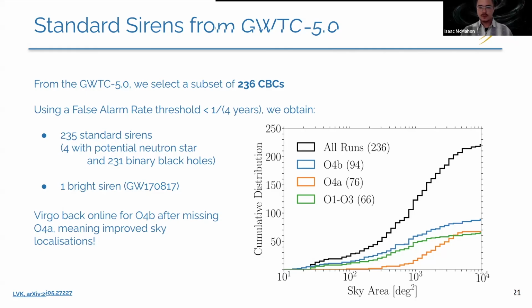And so this is denoted by the blue line on this plot. The orange line is the previous first part of the fourth observing run, O4a, and the sky areas of these events were much larger than what we see in O4b. And this has a large effect on the cosmology results because better localization means better constraint on our cosmological parameters.